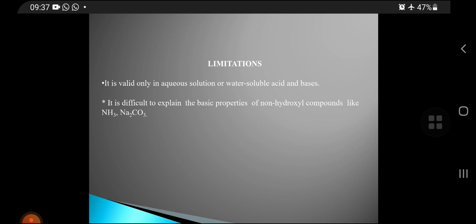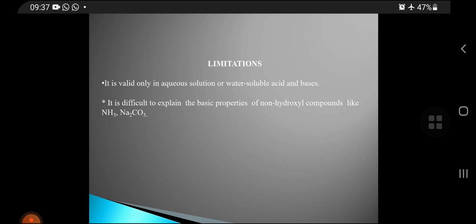Many kinds of acids and bases are not soluble in water, so how do we find out whether they are acid or base? This is a limitation of Arrhenius theory.